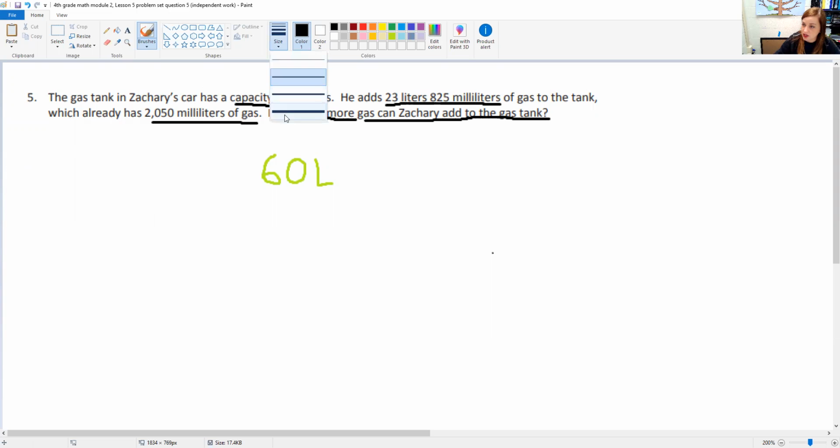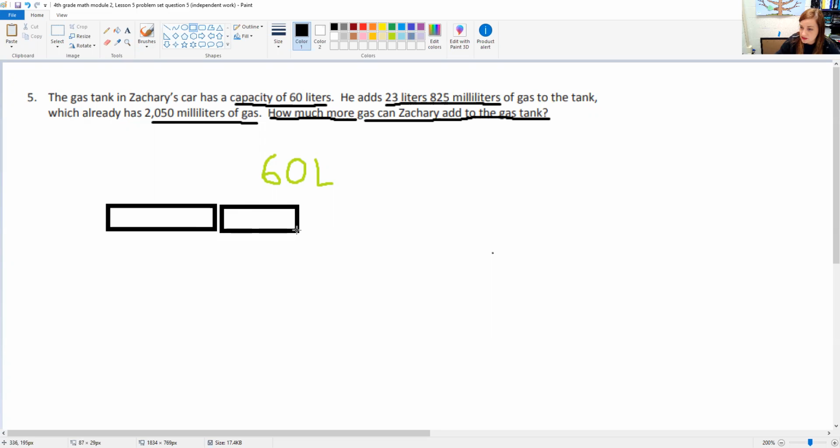So we will make our tape diagram like this. So with this, we have the amount that it started with, right? And then we also have the amount he adds, right?